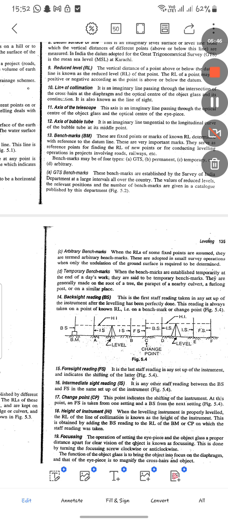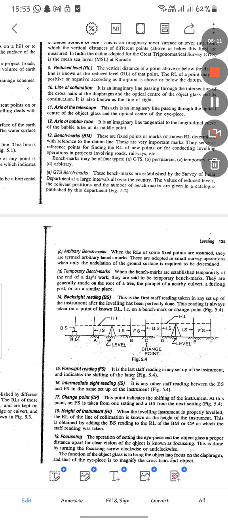Another one, we have the axis of the telescope. It is an imaginary line passing through the optical center of the object glass and the optical center of the eyepiece. That is the axis of the telescope.